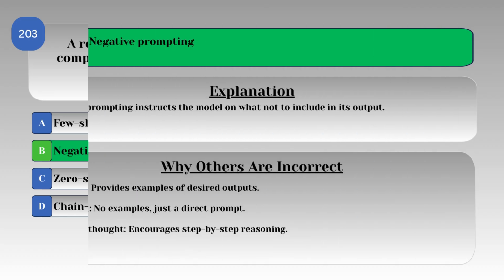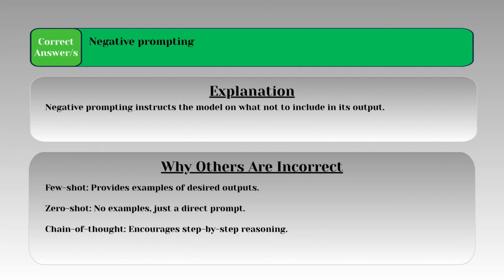Explanation: negative prompting instructs the model on what not to include in its output. Why others are incorrect: few-shot provides examples of desired outputs. Zero-shot, no examples, just a direct prompt. Chain of thought encourages step-by-step reasoning.